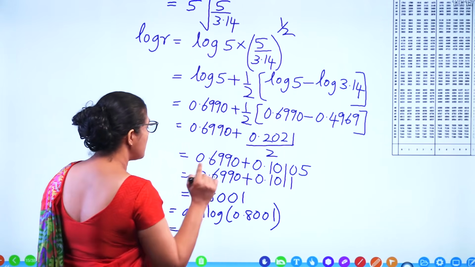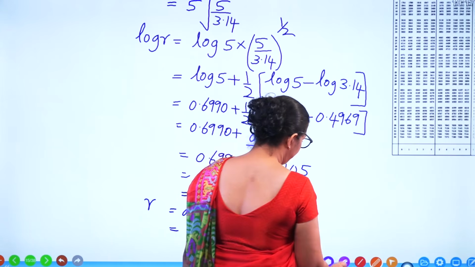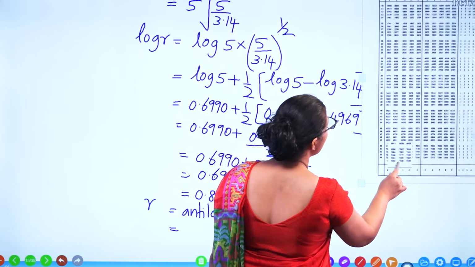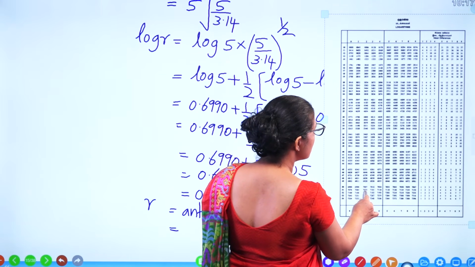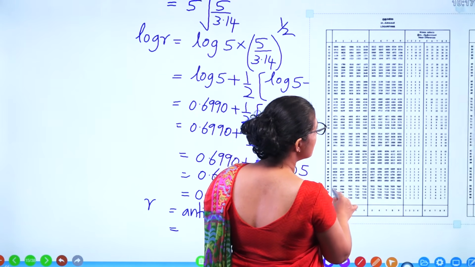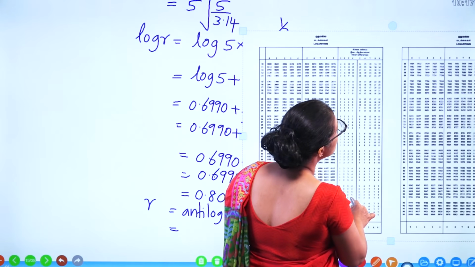So 0 means in standard form, what's the value? So you have to refer the table, 8001.